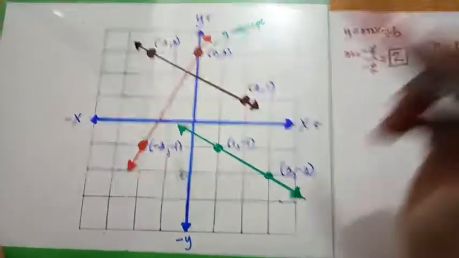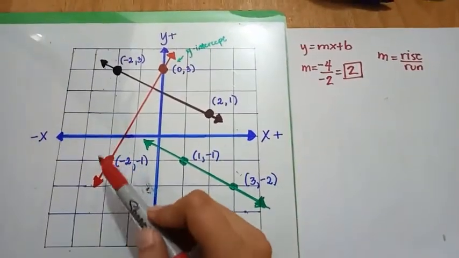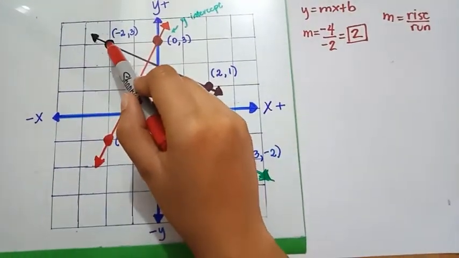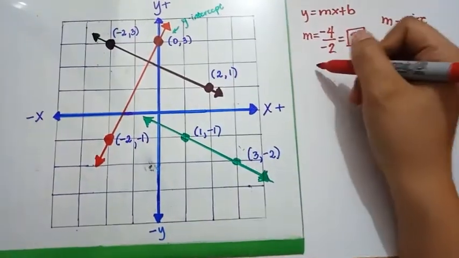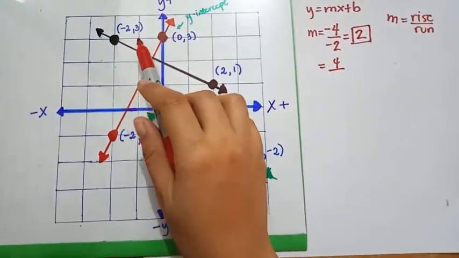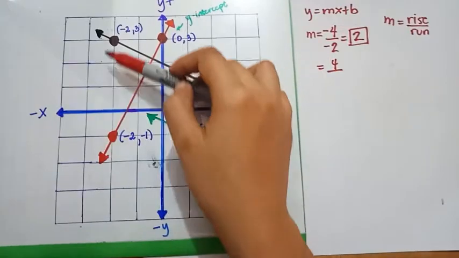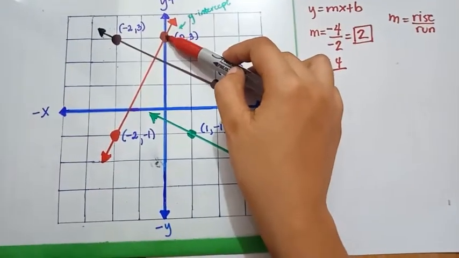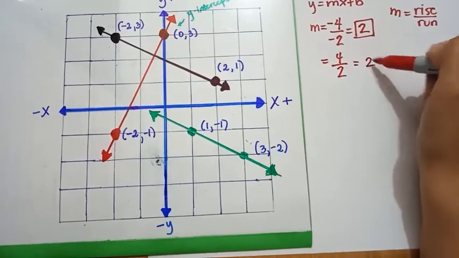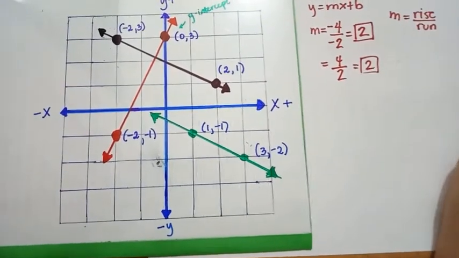Ngayon, kung magsisimula naman tayo sa part na ito, tataas tayo ng 4. So, 1, 2, 3, 4. At pag tumaas, tatandaan, that is positive. Over, kumanan tayo ng 2. Diba? Tumaas, then kumanan ng 2 para makapunta dito. So, it's positive 2. And still, your answer will be 2.